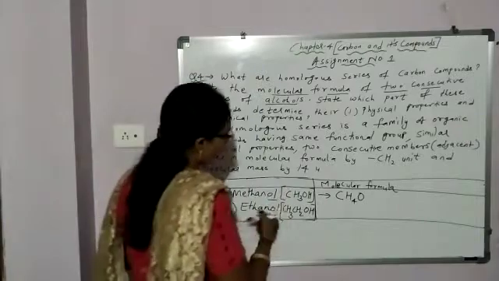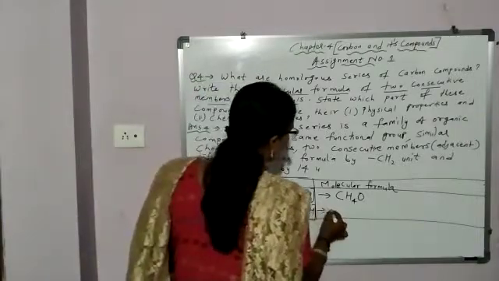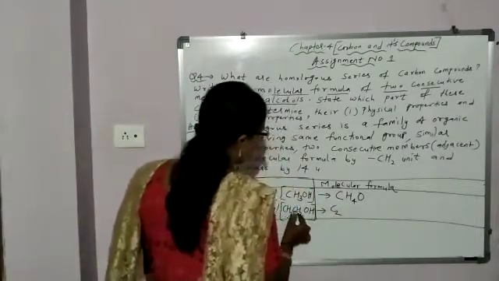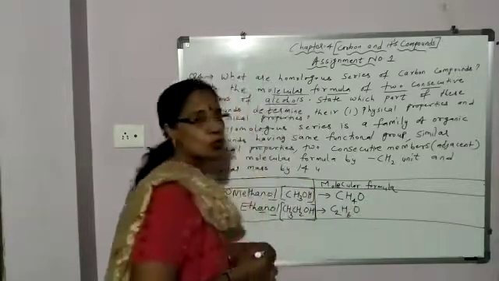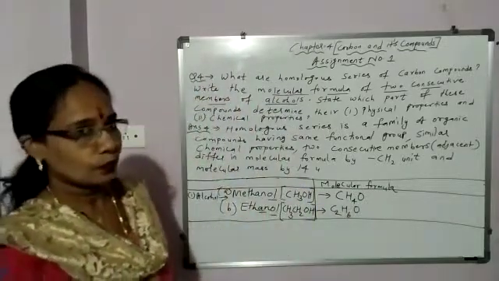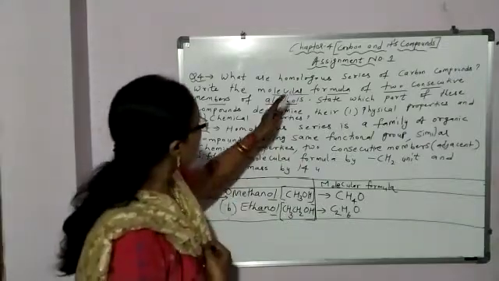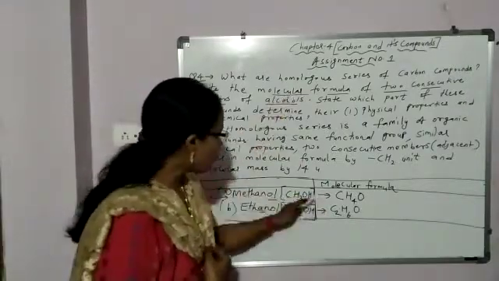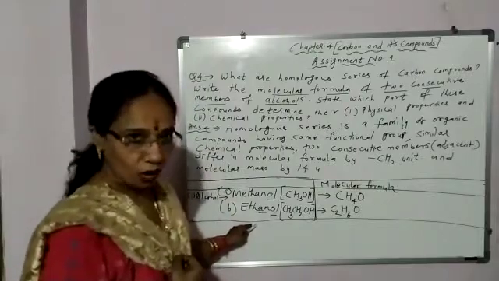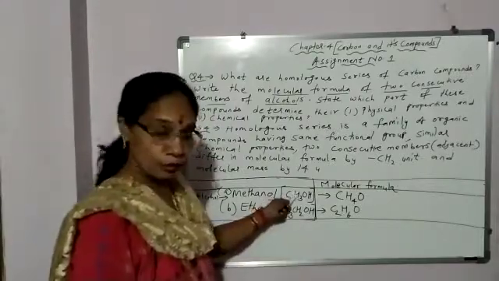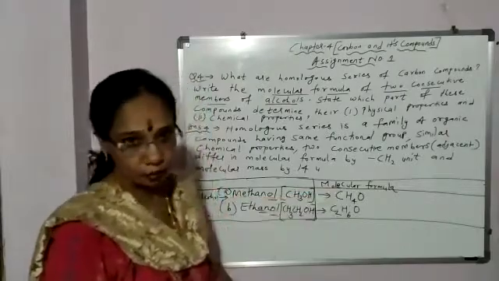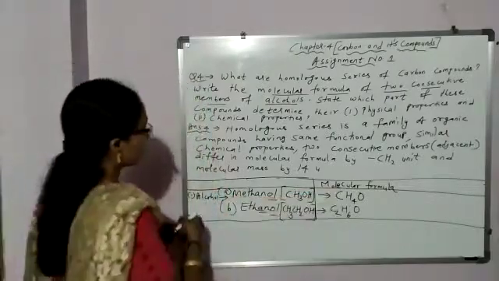Now molecular formula, how many carbon? 2, C2, hydrogen 3, 4, 5, 6, H6, oxygen 1, C2H6O. So this becomes the molecular formula for two consecutive members of alcohol. Structural formula is not asked, I have written it, but only you can write the molecular formula. Okay, next, what is the next part?